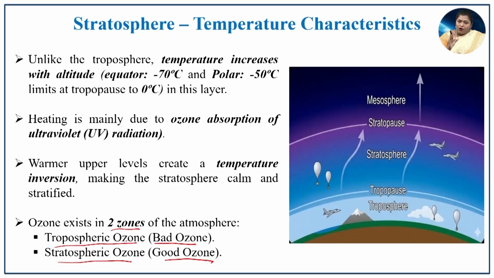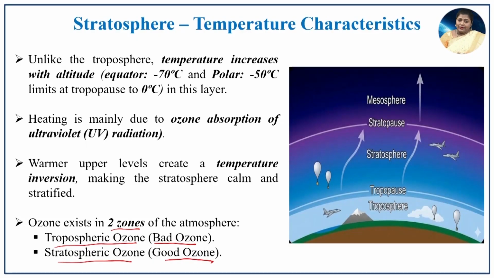Troposphere. So, because of that, the ozone present in the troposphere is considered to be bad ozone, and if there is an increase in that ozone content, it will be irritant to the human eyes and cause adverse effects on human beings and other biological lives.